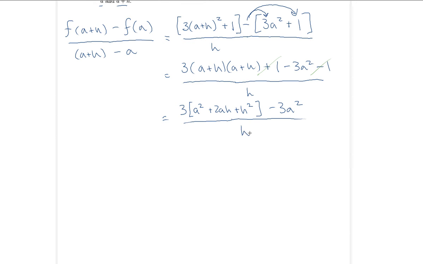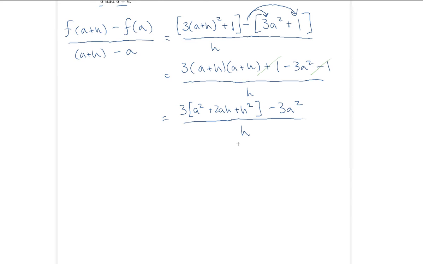Okay, now what I need to point out here is you must resist the temptation to start slashing out this h on the bottom with any of these h's up here. So remember that your rule is you cannot cancel terms, right? Remember that terms are things that are separated from each other by addition or subtraction. So you can't just pick out this h, cross it out, and then also cross it out on bottom. That's not allowed.